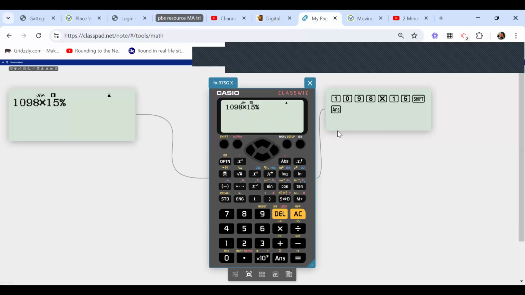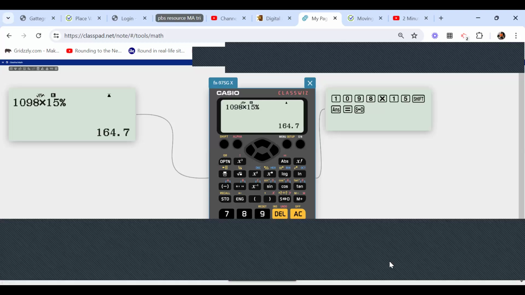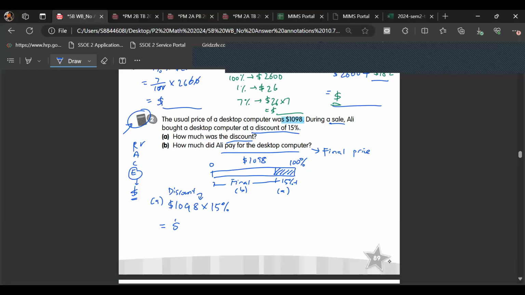In the exam, this is what you need to be able to do. Now you see your fraction. Press this: 164.7. So when I'm writing down, it will be $164.70.